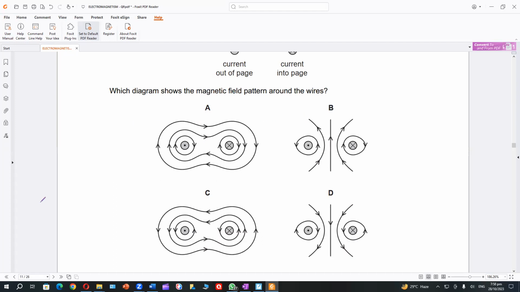So it should be a repulsion case. So C and A are out of discussion. B and D. Cross means in the page. B makes sense.